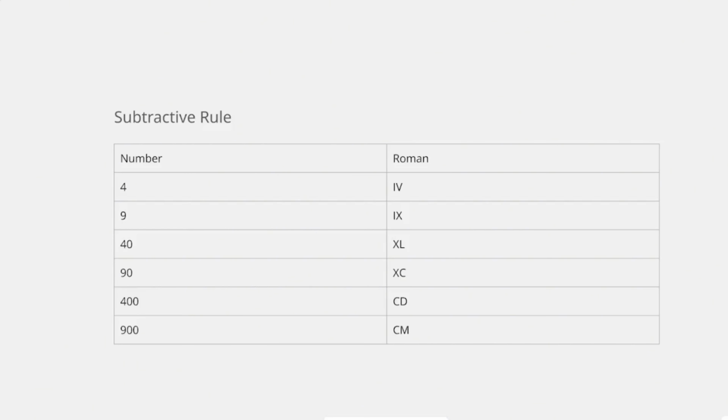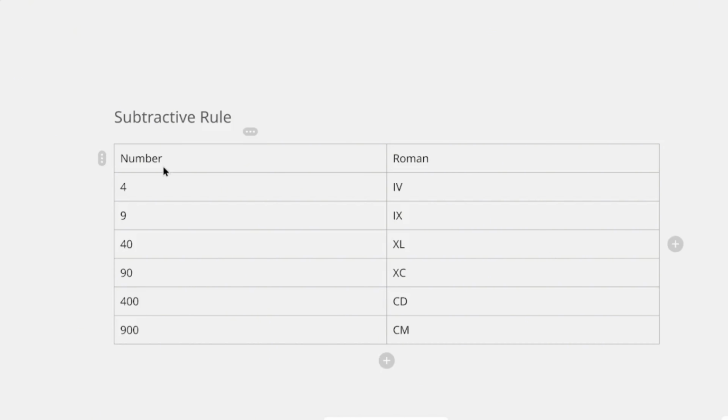In the last video we have seen the subtractive rule. I'll explain once again. If a smaller value comes before a bigger value, we subtract it, and that is what the subtractive rule is.